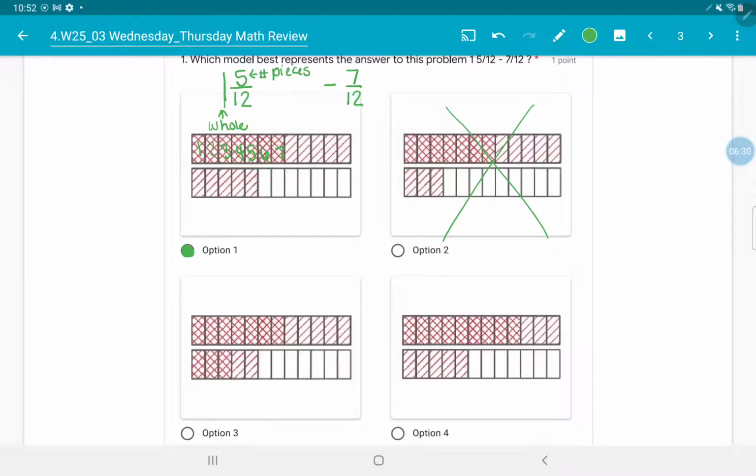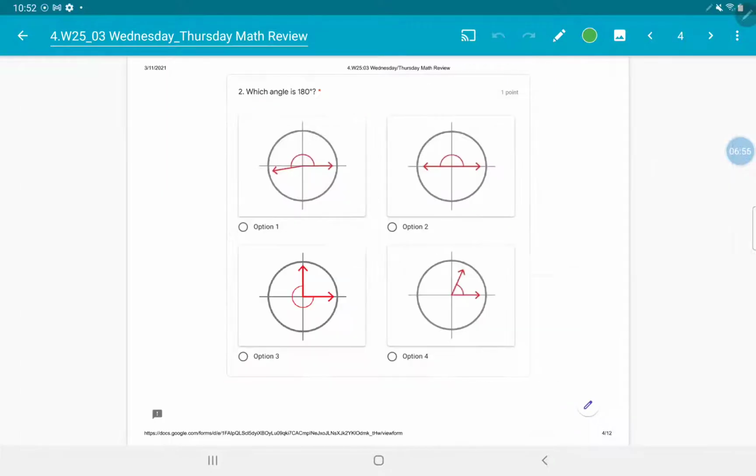What does that leave us with? 1/12, 2/12, 3/12, 4/12, 5/12, 6/12, 7/12, 8/12, 9/12, 10/12. So the answer is 10/12. Okay? Let's look at the next problem.